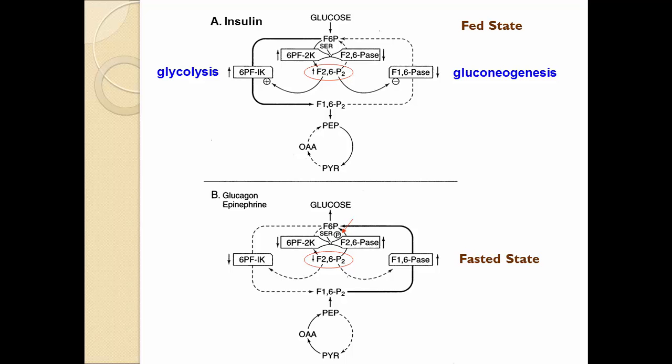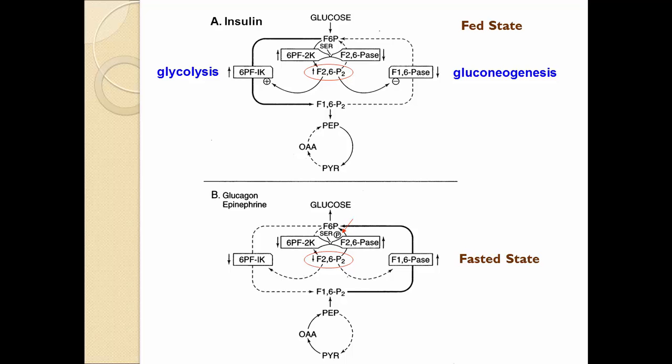Yes, question. Where do glucagon and epinephrine enter, or how does it decrease the phosphate? Where does it get in there? Oh, you mean how does glucagon decrease the bifunctional enzyme? Yes, right.